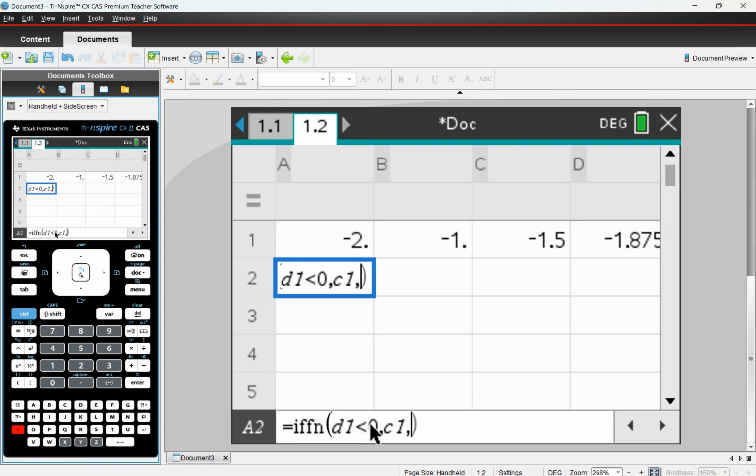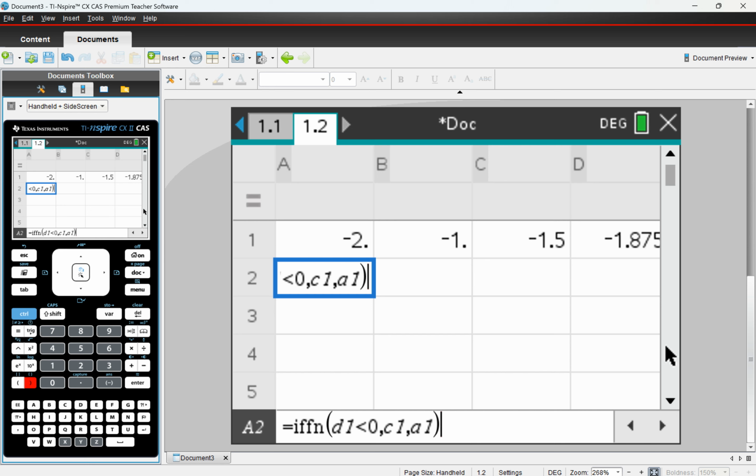So true, false. So I'm going to type it all again. So C1, A1. Can you see just on the bottom, this is what I typed. Let's read what I'm typing to the calculator. I'm saying, here's the condition. What would A2 equal to? A2 will equal to either C1 or A1. But which one would it choose? Here's the condition.